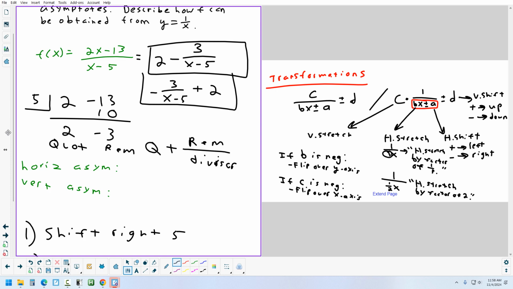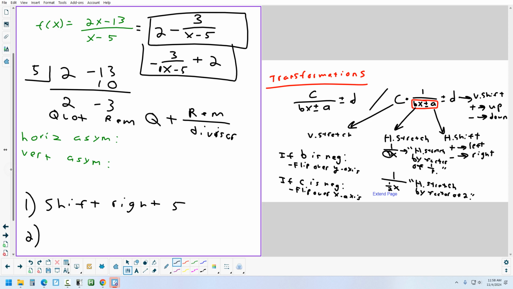Is there a number in the B spot? Well, there's a number there, but it's a 1, so it doesn't do anything. Okay, let's go to the C spot. Is there a number there? Yeah. What's the number? 3. If it's a negative, we talk about that separately.